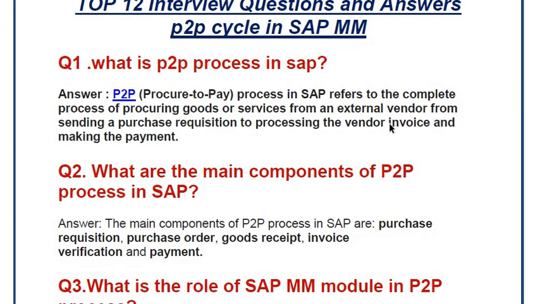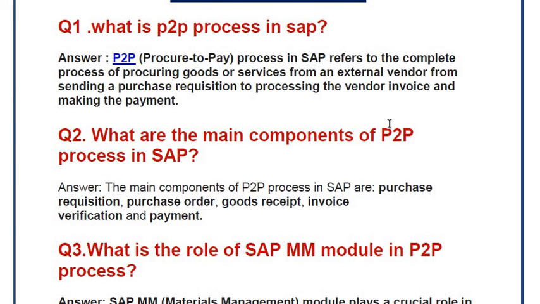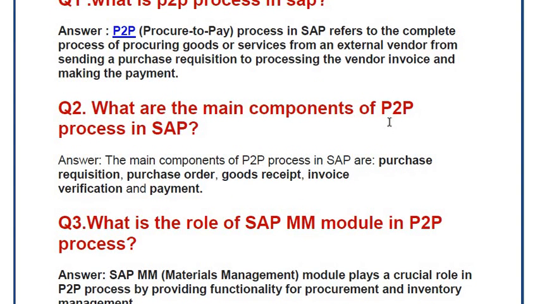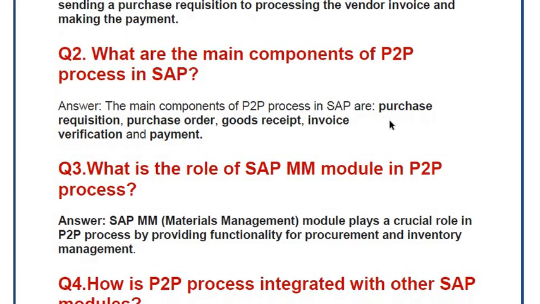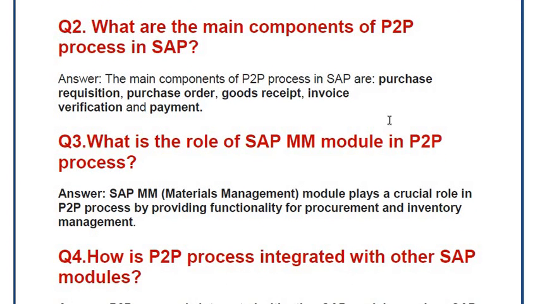Okay. What are the main components of the P2P process in SAP? The main components of the P2P process in SAP are purchase requisition, purchase order, goods receipt, invoice verification, and vendor payment. Okay. What is the role of the SAP MM module in the P2P process?